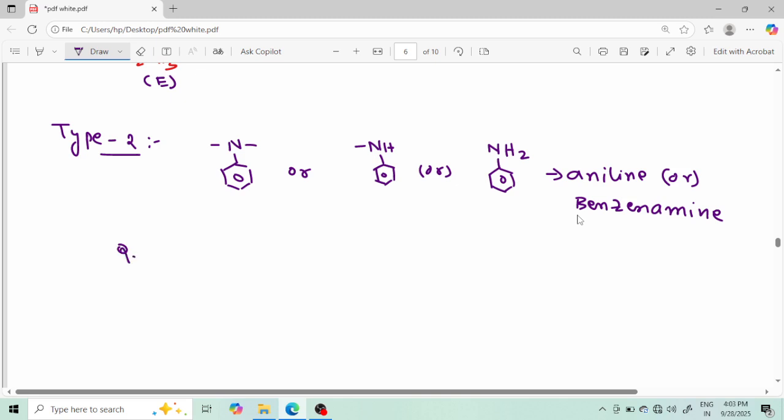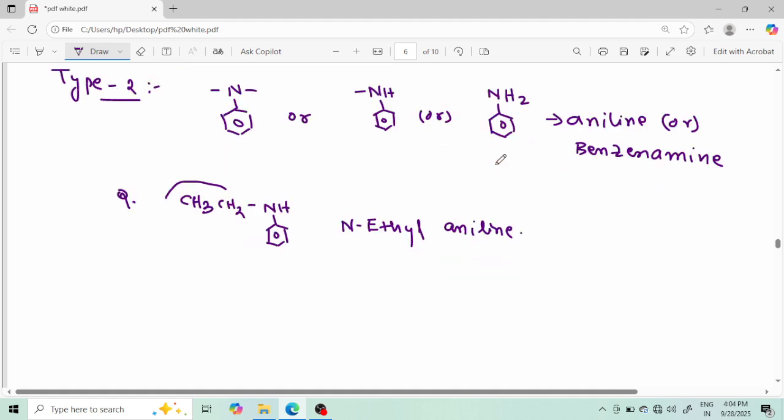So if I do one question, CH3CH2NH, and then this one is given. What will be the name? This is ethyl, right? So I'll write N-ethyl and then aniline. Now if this is the question given, CH3, N, and then CH2CH3, how will you name it?